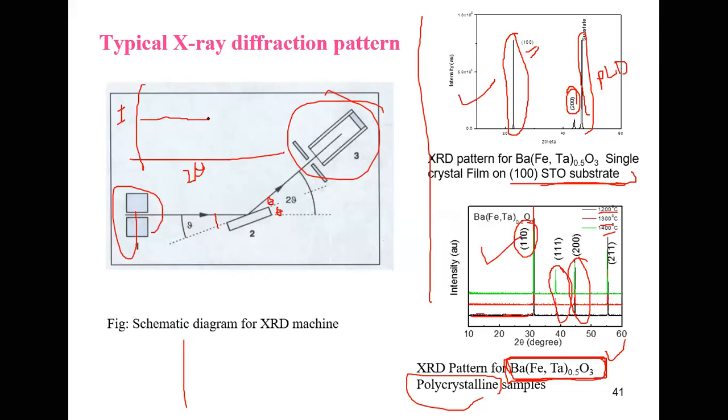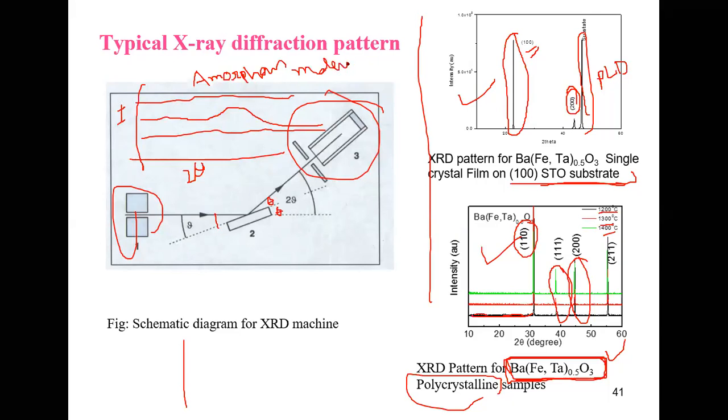So it gives the background line, but sometimes, as we have mentioned, some short range periodicity may be observed. So sometimes you may get a broad peak, or you may get nothing, just the background, because no Bragg condition is satisfied. This is the X-ray pattern for an amorphous material.